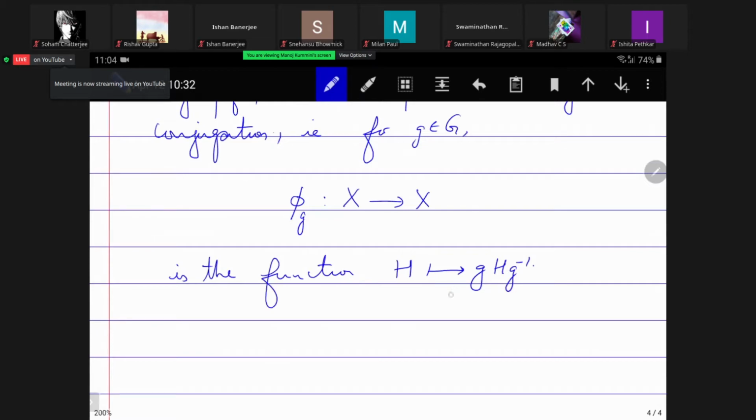So phi g is this function. It takes a subgroup, and this is also a subgroup. I think this was one of the exercises, or maybe we discussed it in class. So maybe I should just remark here that conjugates of subgroups are subgroups.